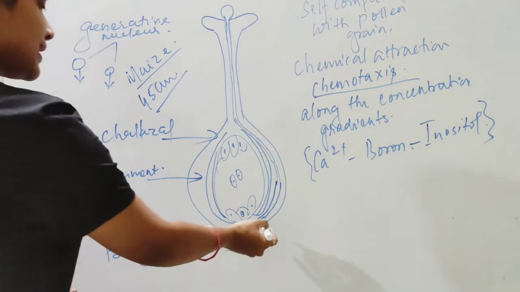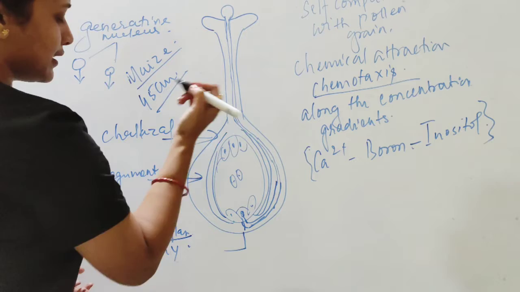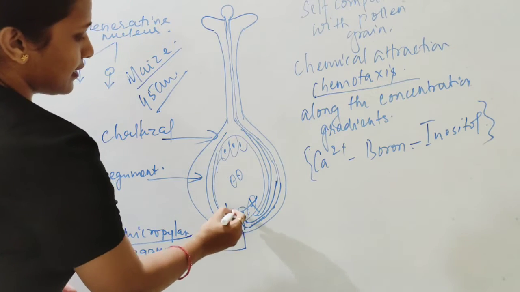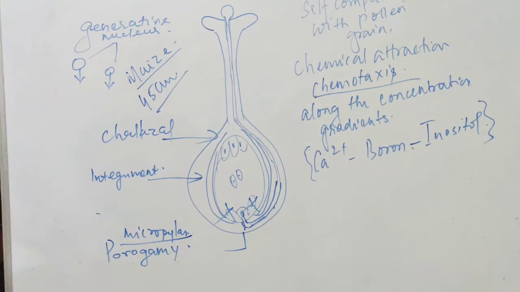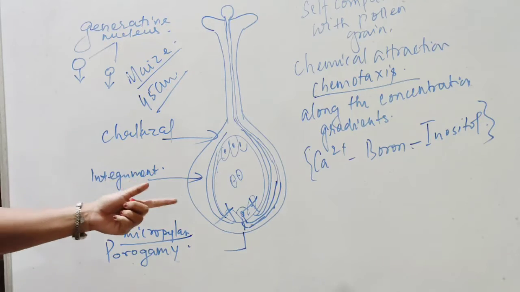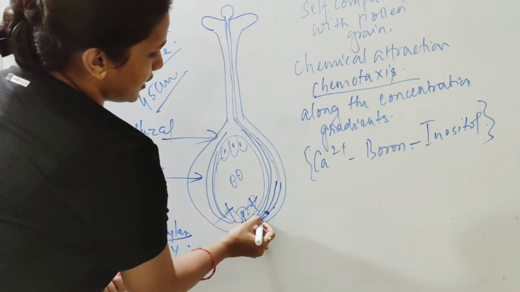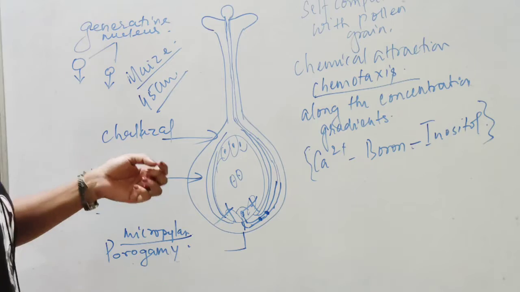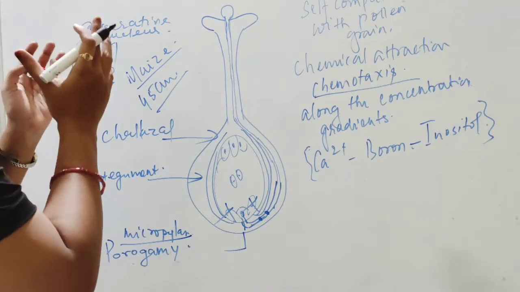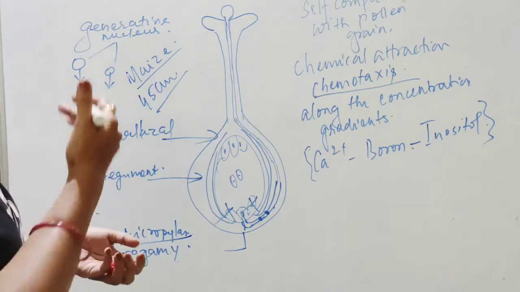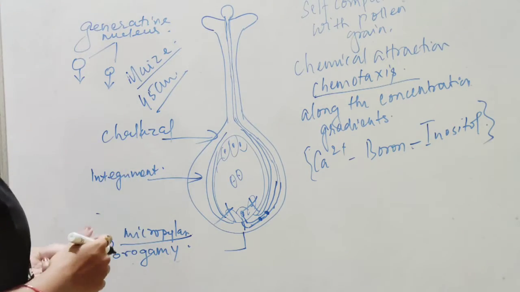Once they have pierced in and reach here, the synergids start disintegrating. The synergids play no role. Now you can see inside this there are in total two male gametes. Now, what course of action would they take inside this particular ovule?